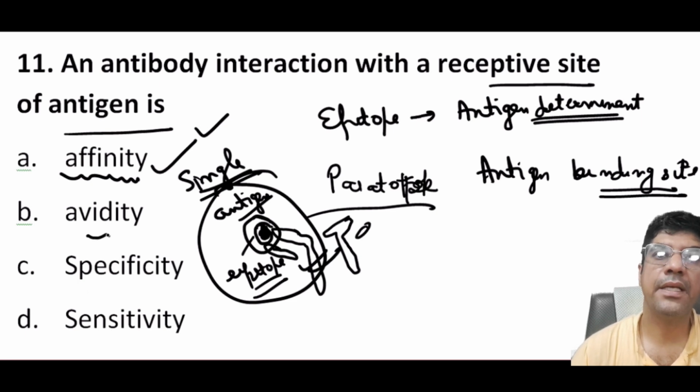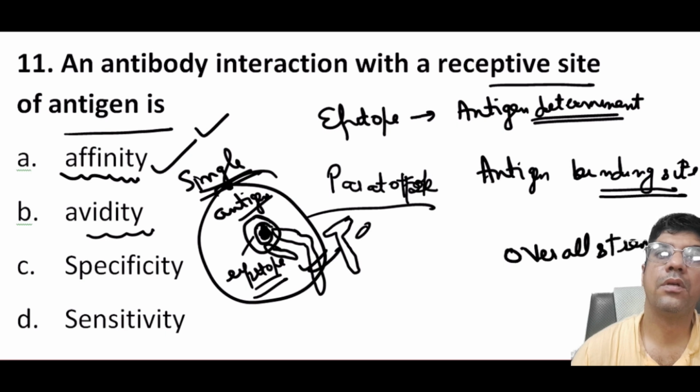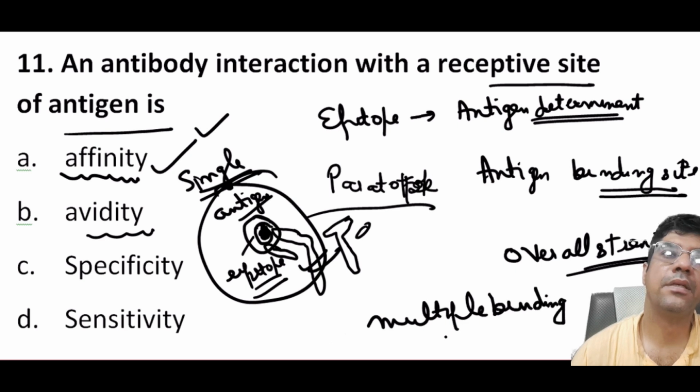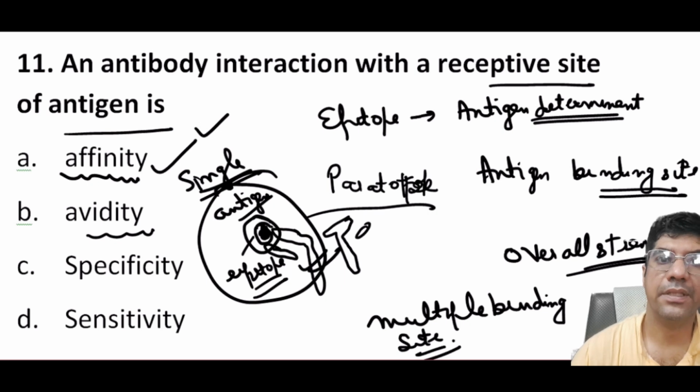Whereas avidity is the measurement of the overall strength of binding between antigen and antibody, taking into account the multiple binding sites and the multivalency.